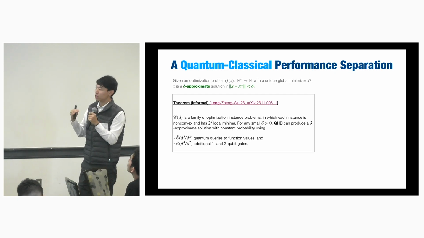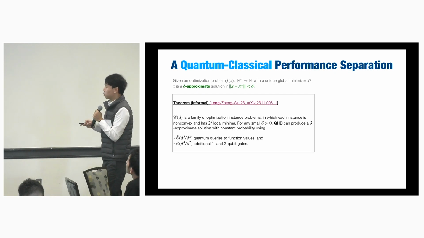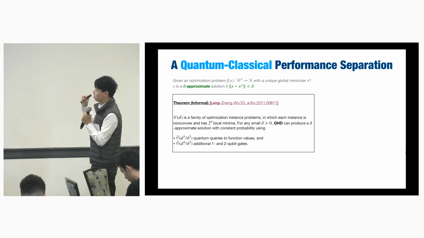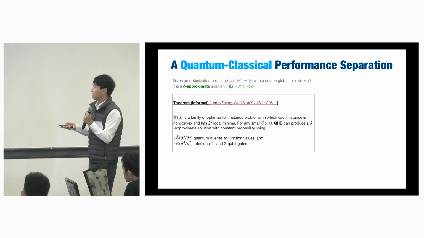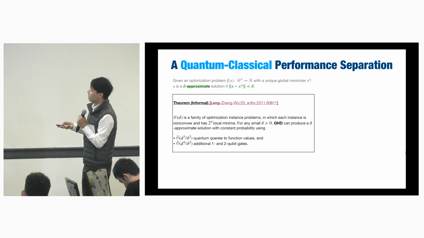And a d-dimensional instance has 2 to the d local minima. And we're able to show that QHD can produce an approximate solution to each such optimization instance in polynomial time and polynomial queries. And those polynomials are not very large, just cubic in dimension. And in terms of gate complexity, it's d to the fourth.